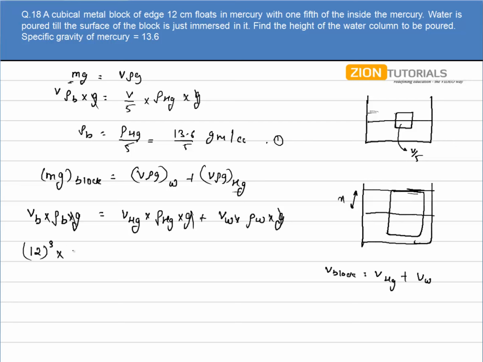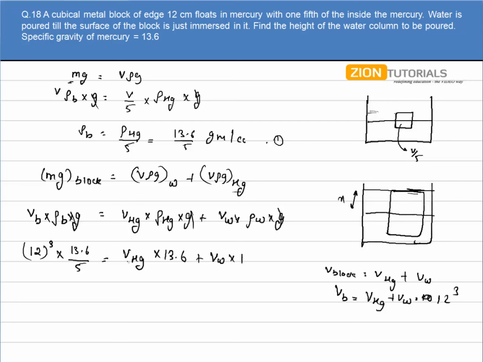Rho of block is given by 13.6 by 5. Volume that is dipped in mercury, let's say it be Vhg, and rho Hg is given by 13.6. Volume that is dipped in water into 1. Fine. Now Vb is equal to Vhg plus Vw, that is equal to 12 cube obviously.